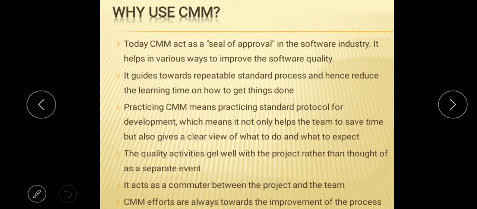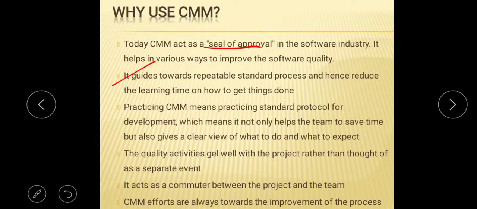Today CMM acts as a seal of approval in the software industry. It helps in various ways to improve the software quality. It guides towards repeatable standard process and hence reduces the learning time on how to get things done.